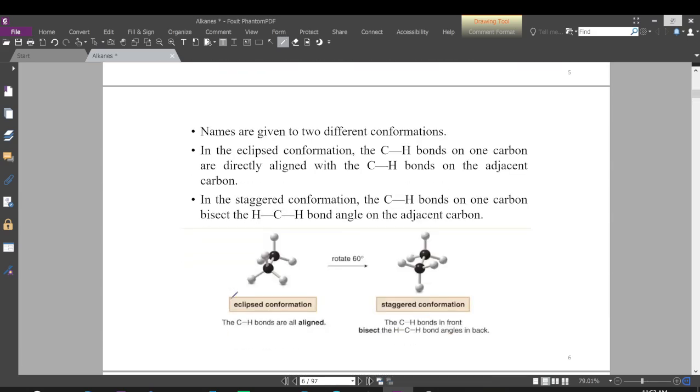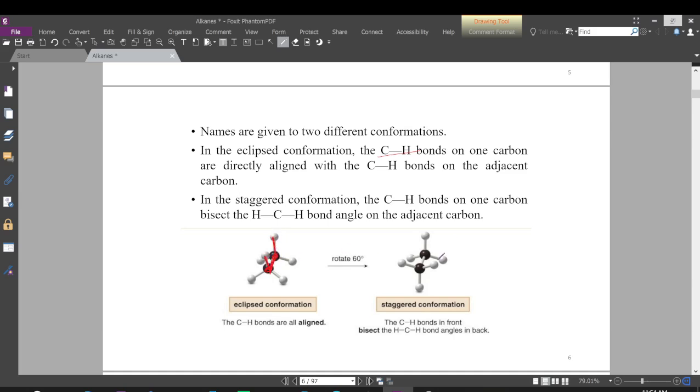One is the eclipsed conformation, the other is the staggered conformation. In the eclipsed conformation, we see that the carbon-hydrogen bonds on one carbon are directly aligned with the carbon-hydrogen bonds on the adjacent carbon. You see that this is the carbon-hydrogen bond, and this carbon-hydrogen bond is aligned in the same way.